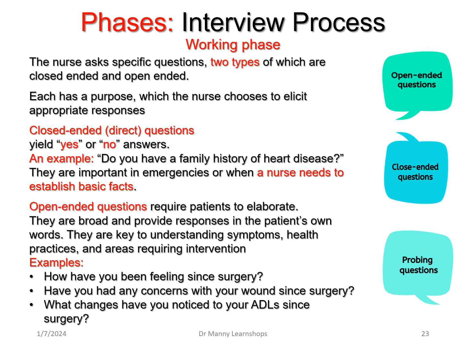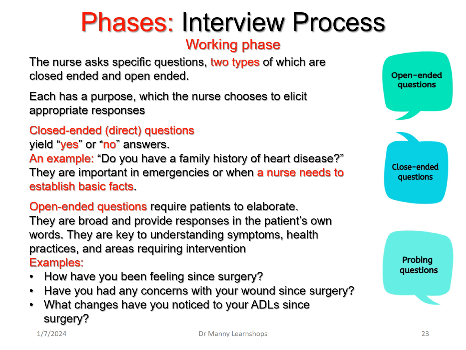Closed-ended questions are direct. They require a yes or no answer. So, for example, do you have a family history of heart disease? Has anyone in your family ever had heart disease? Yes or no? These are important in emergencies or when a nurse needs to establish basic facts quickly.